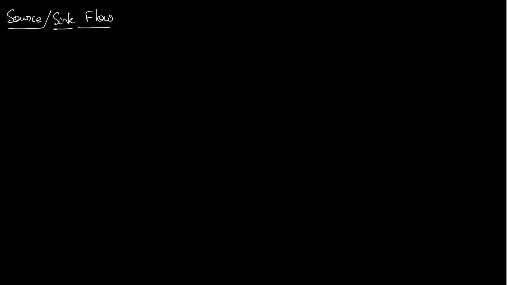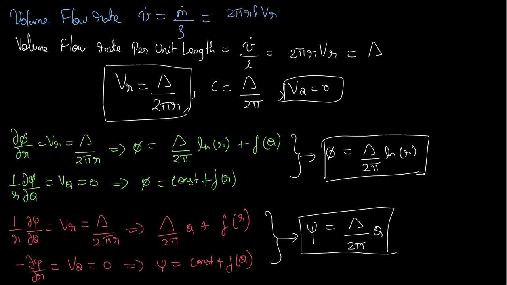And now that we have got the stream function and velocity potentials, we need to find out the circulation, similar to what we did for the uniform flow. The circulation is given by the surface integral, which we got using Green's theorem. It is the curl of velocity, which is the vorticity, times dS.